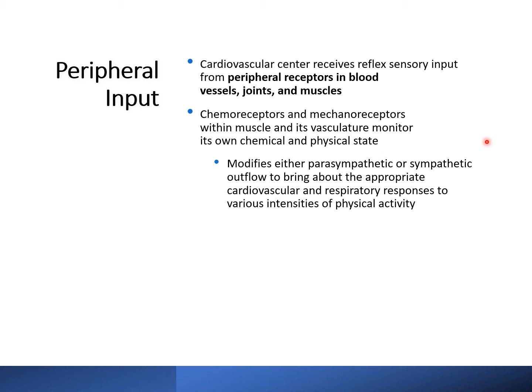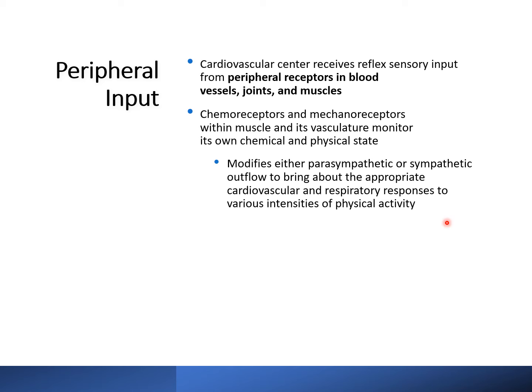Based on what activity is happening at that muscle or vessel, it will modify its response, either rest or digest or fight or flight, to bring out the appropriate cardiovascular and respiratory responses to various intensities of physical activity.